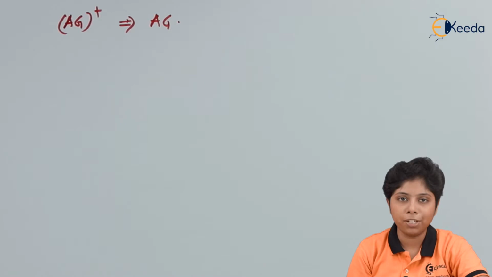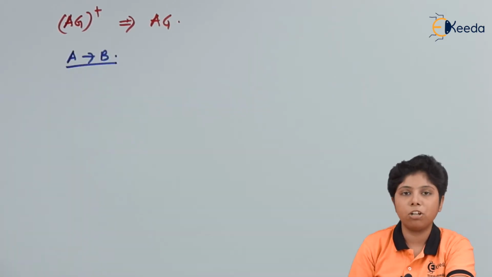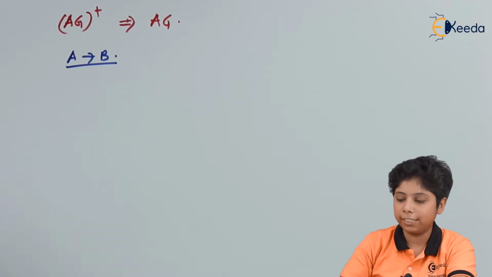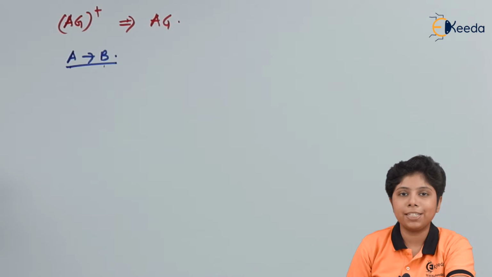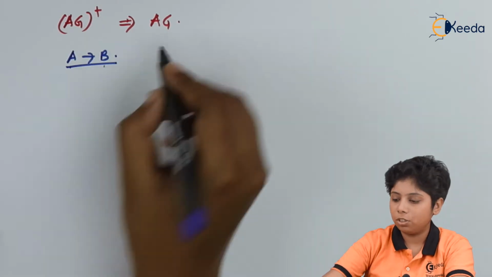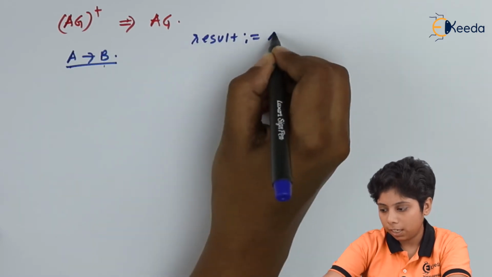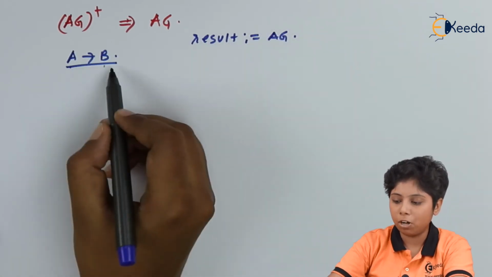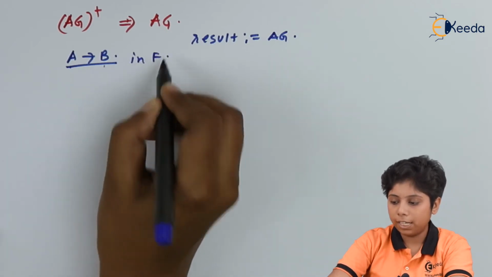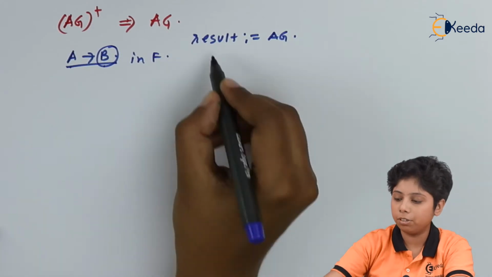So in F we have A defines B, so our result is considering AG. So our result set now starts with AG. As A defines B in F, we can just add B as the gamma part to the result.